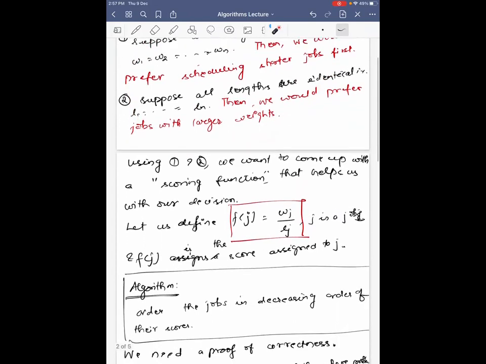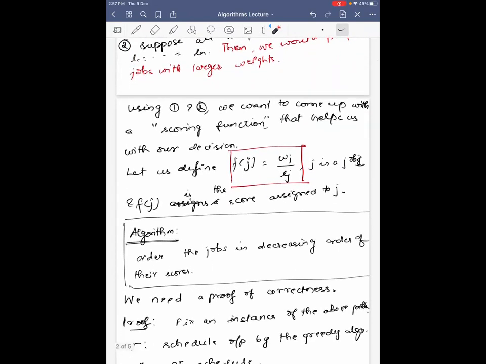This is why greedy algorithms are relatively tricky to design, because you might have several possible heuristics on the basis of which you can schedule the jobs, but not all might work.